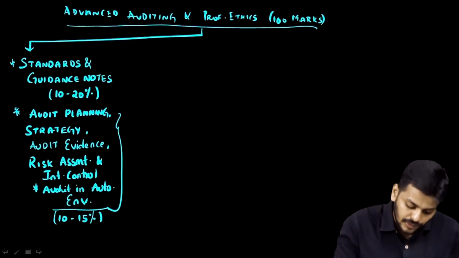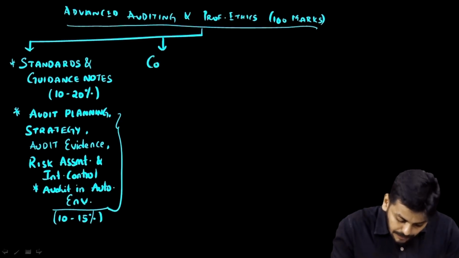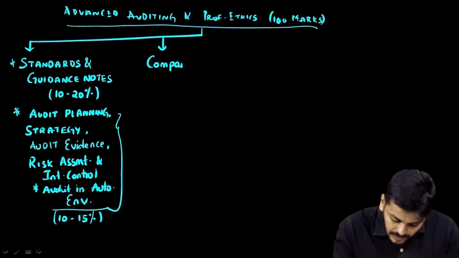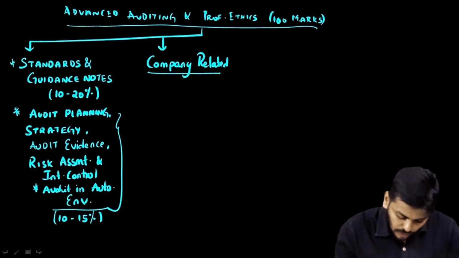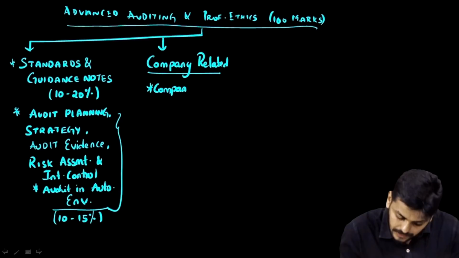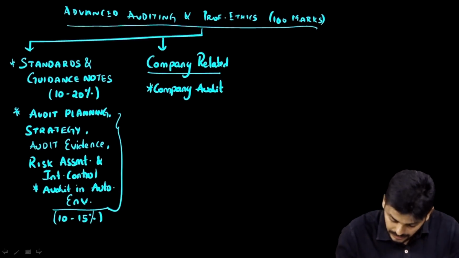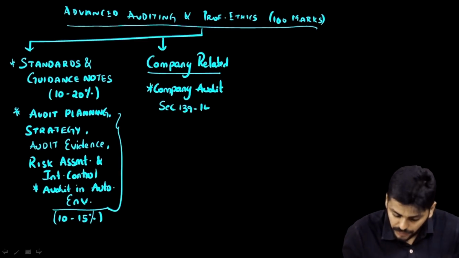The second piece is also somewhat interesting, where we are talking about the company related stuff. When I say company related, all this is talking about the company audit part. That is section 139 to section 148 on cost audit, all of that.